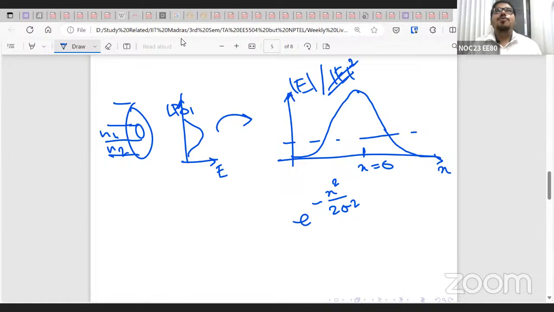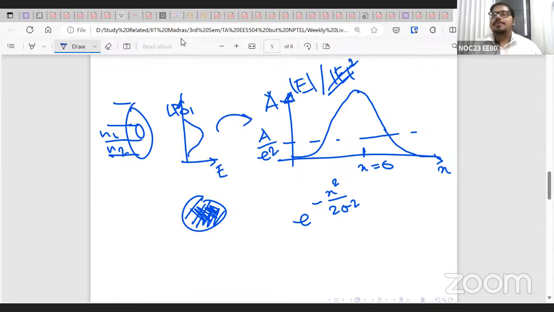But mode field diameter basically says that your mode will look like a spot, no? It's more intense at the center, and it falls off. So mode field diameter defines that this is the maximum value, say A is the peak. So what will be A by e squared?